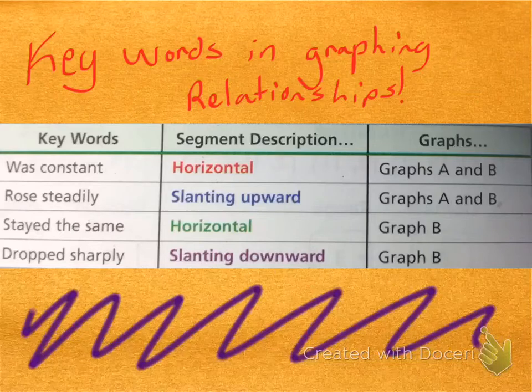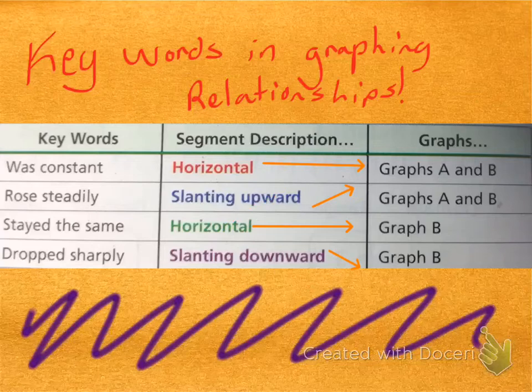So it's slanting upwards. So we're looking at something like this. That's rising steadily. Now stayed the same is another horizontal line. And then drop sharply means it's slanting downwards like this. So those are some key words that are usually used in graphing these relationships.